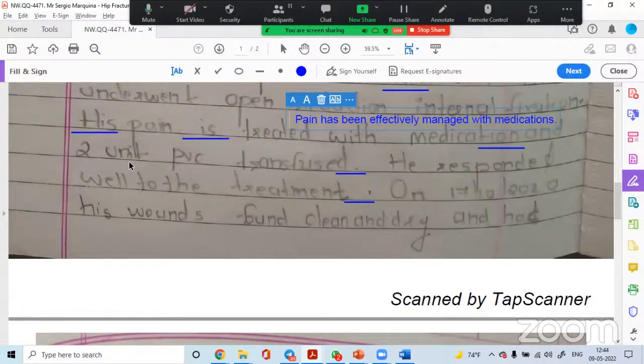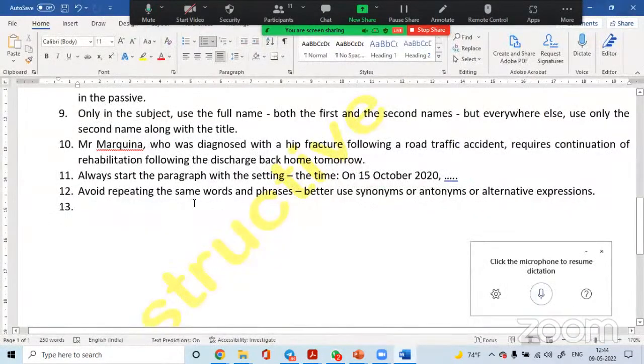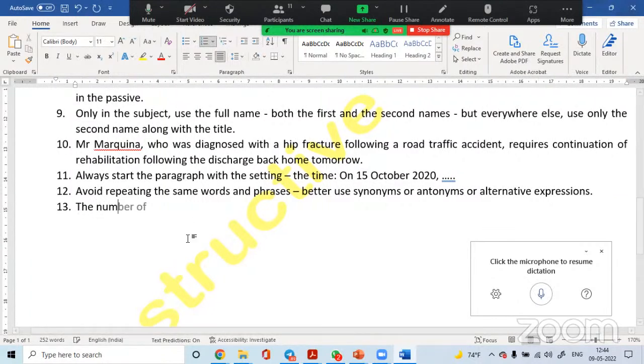Next one, 2 unit. What do you mean by 2 unit? And 2 unit PVC transfused. 2 unit or 2 units. Okay. So figure and word. So the measure and the term, the number and the term should be matching.